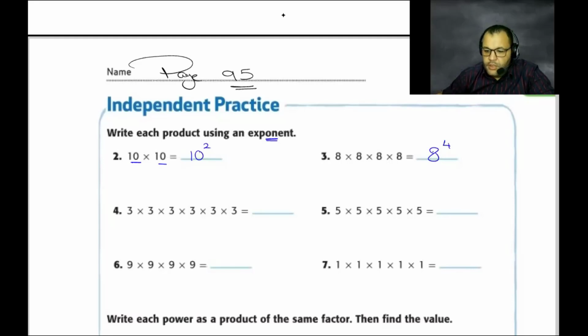No, we need another one. Hamza Tariq, you want to answer number 4.